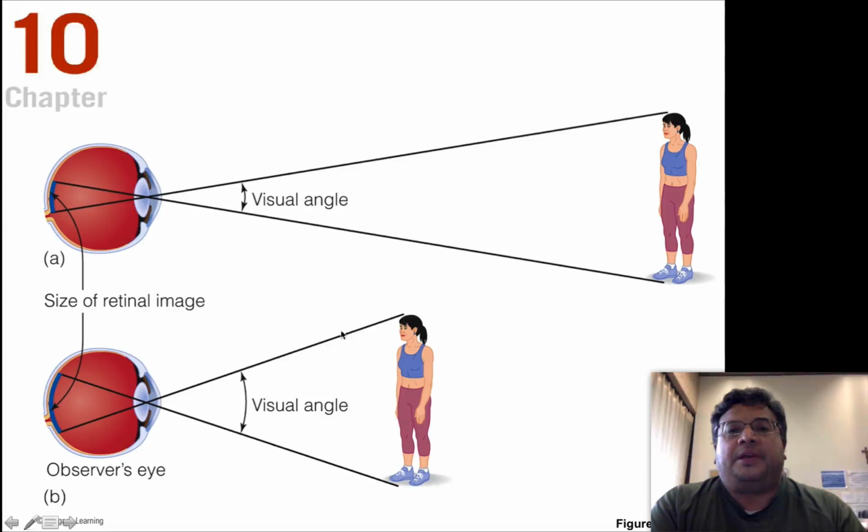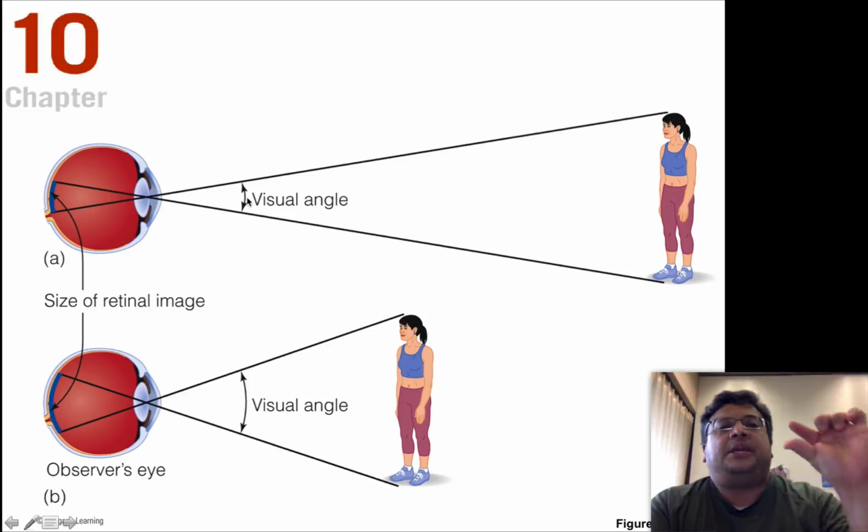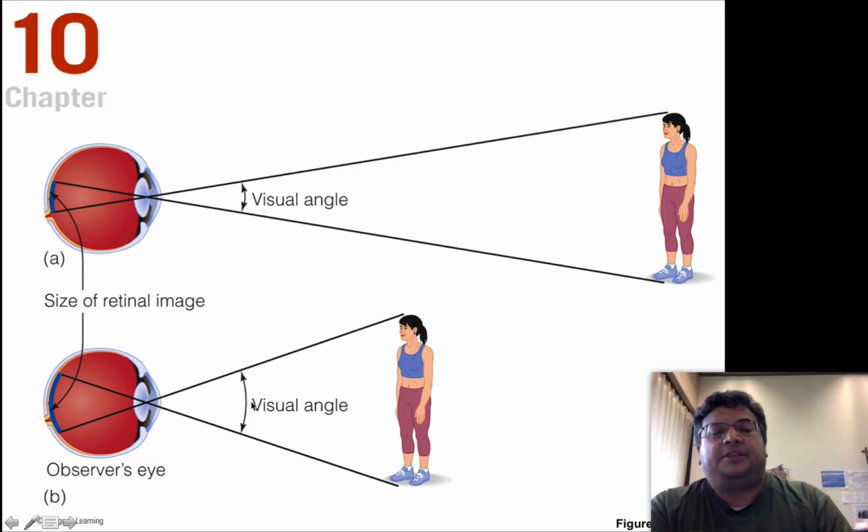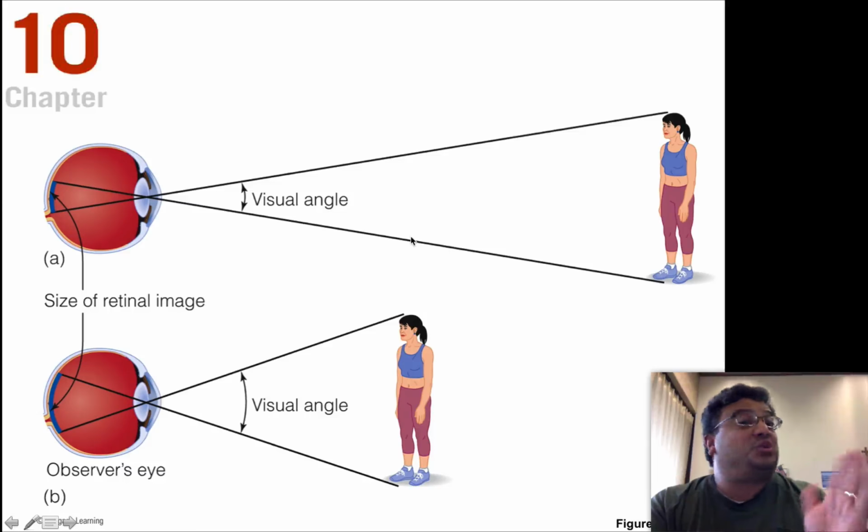If I'm looking at somebody who's far away, the visual angle is going to be much less than if I'm looking at somebody who's much closer to me. If I make the visual angle the same, so in other words, if I have a person standing here, and then a littler person standing here, and then an even littler person standing here, they're actual small people, right?